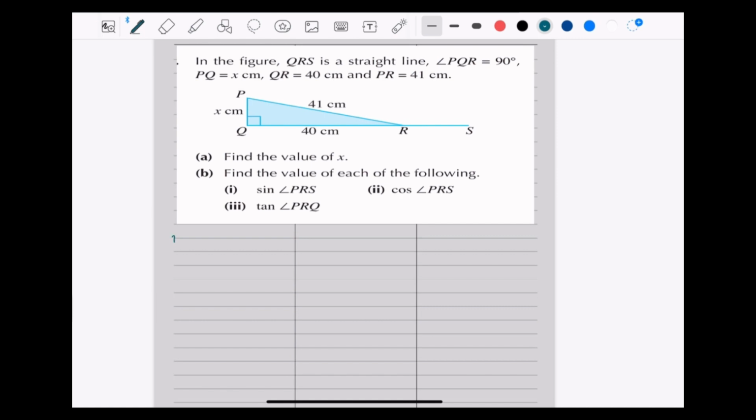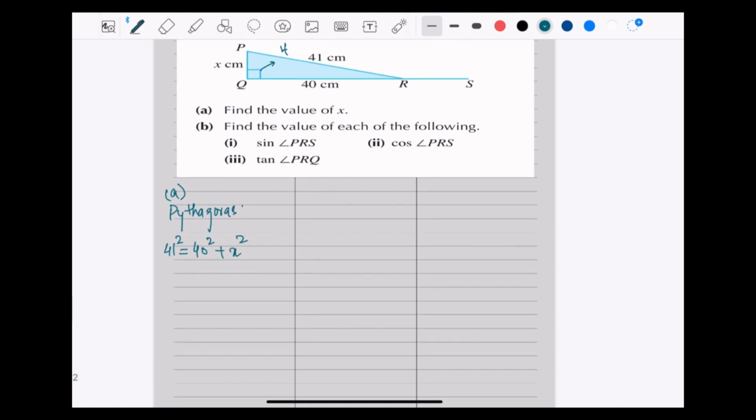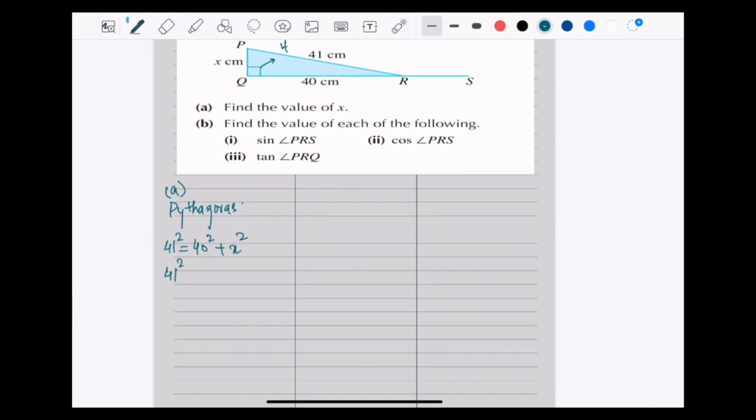When we have two sides given and we have to find the third one, the best way is the Pythagorean theorem. And we know that the hypotenuse is this. So I can write straight away 41 squared is equal to 40 squared plus x squared. And 41 squared minus 40 squared is equal to x squared.